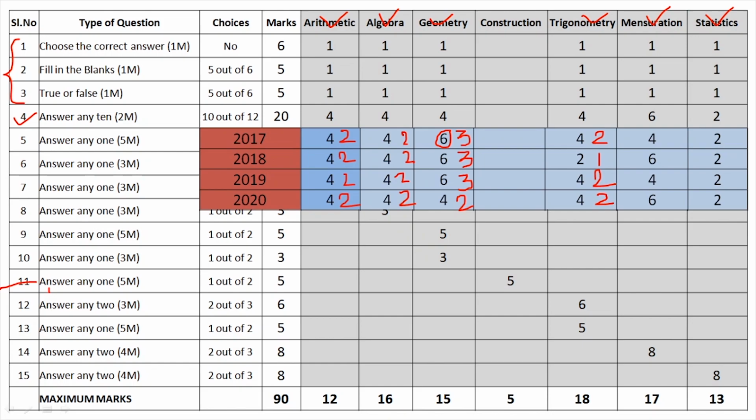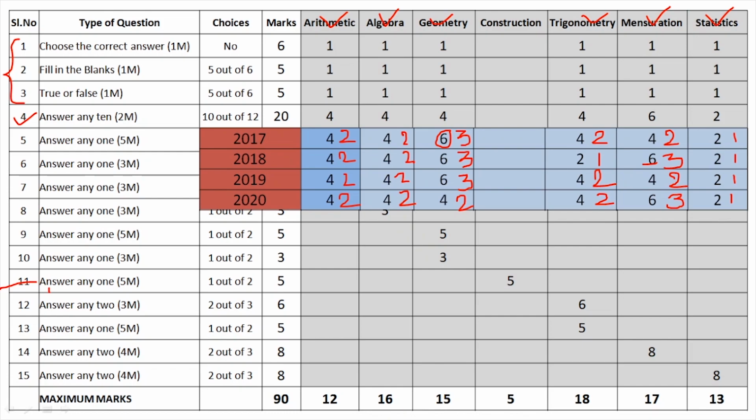So it may vary. Again from mensuration there were 3 questions in 2017, so 6 marks, 2 questions in 2019 and 3 questions in 2020, and one question from statistics every year.